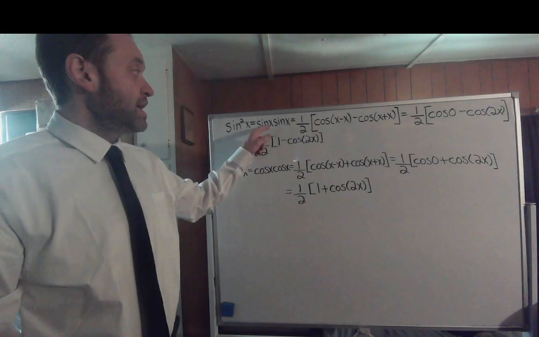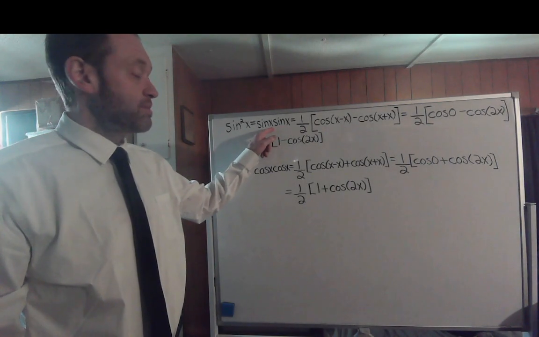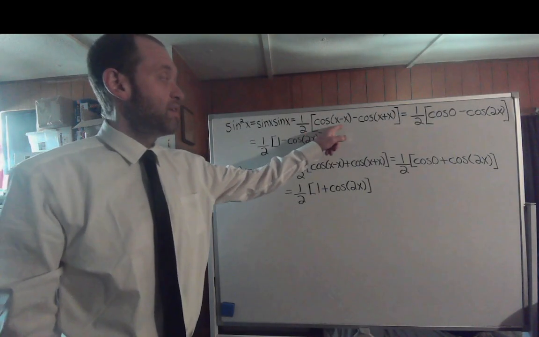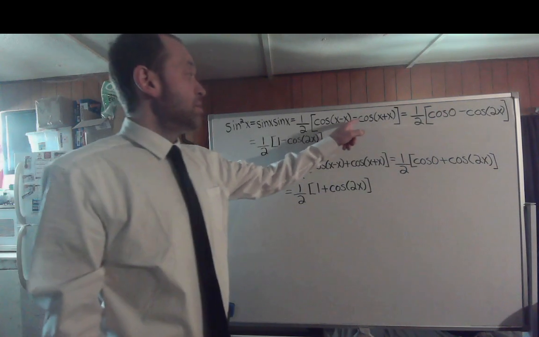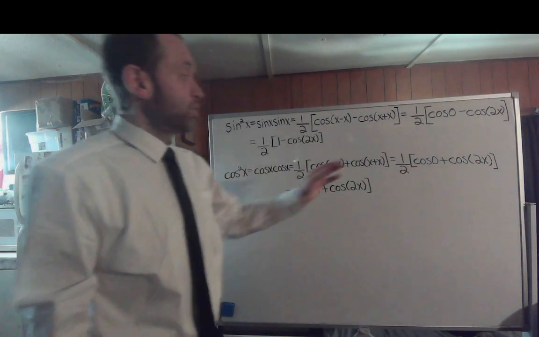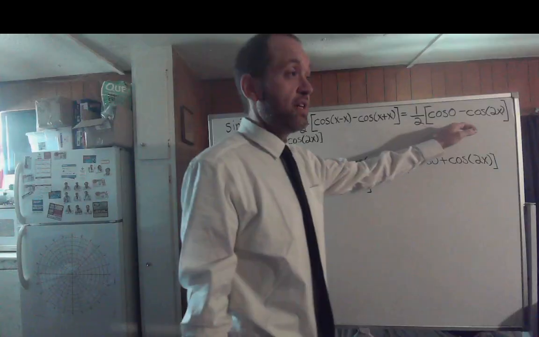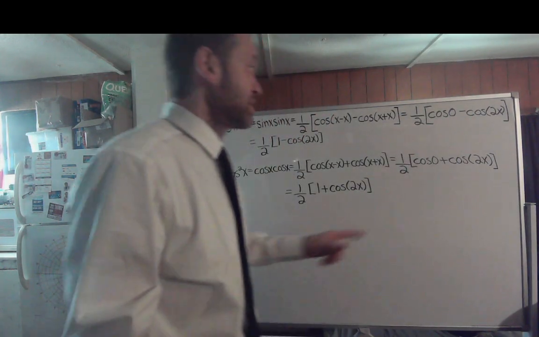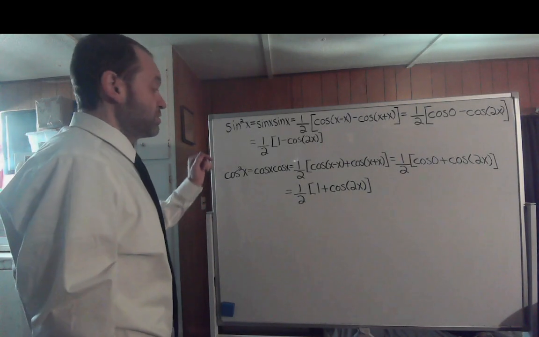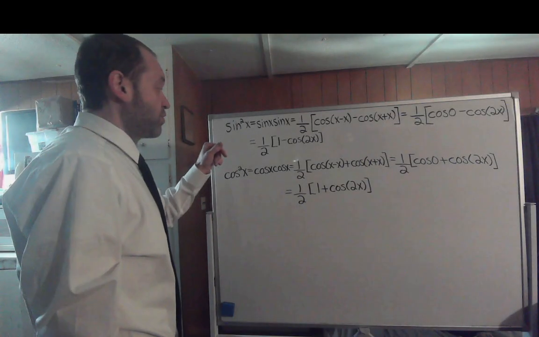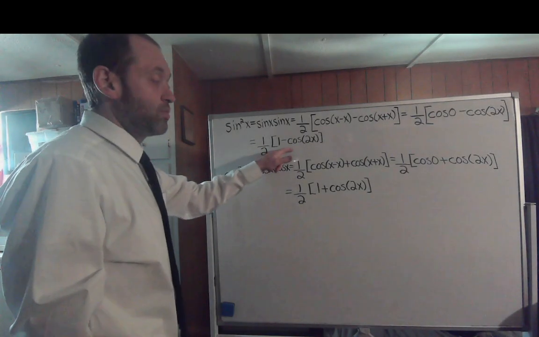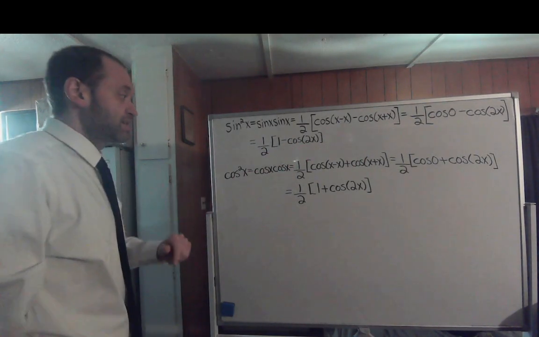You take each of the angles you're trying to take the sine of, so it would be half of the cosine of x minus the cosine of x plus x, which really would equal half of the cosine of 0 minus the cosine of 2x. Well, what's the cosine of 0? That's just 1. So the power reducing formula for the sine squared of x is half of the quantity of 1 minus the cosine of 2x.